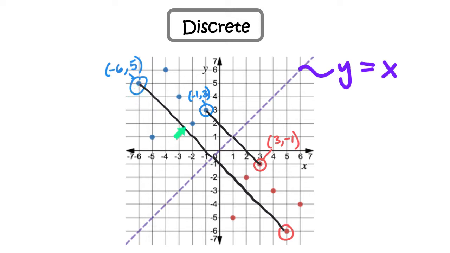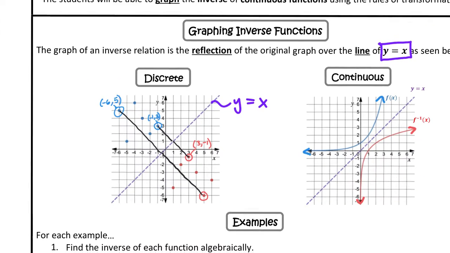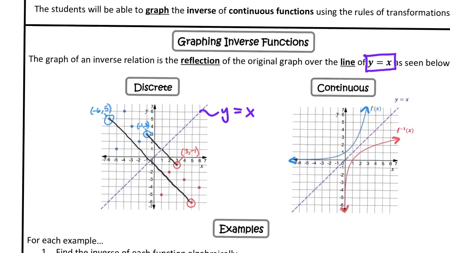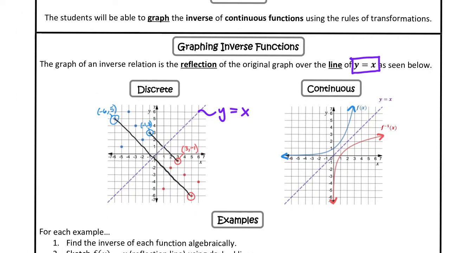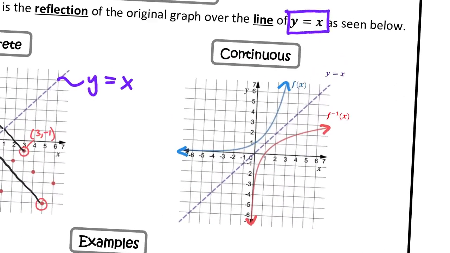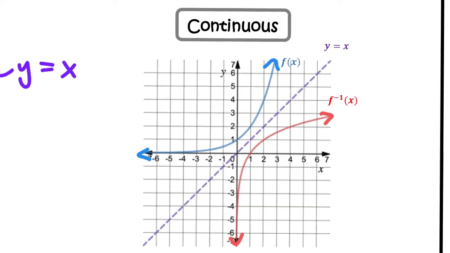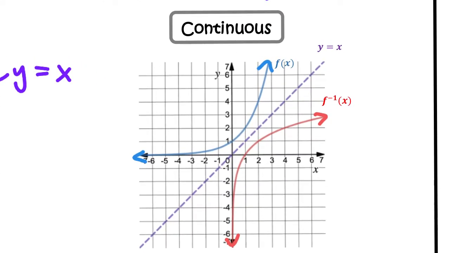So when we're looking at inverse graphs, we're looking at this relationship. But like I said, we're going to focus on continuous functions. And so we're going to graph a couple of them, and there's some steps below, but I just wanted to show you what a continuous looks like, right?